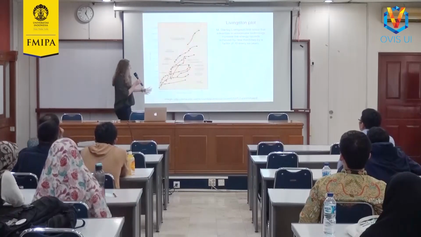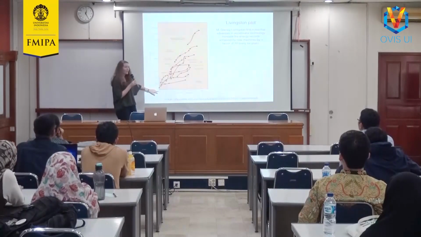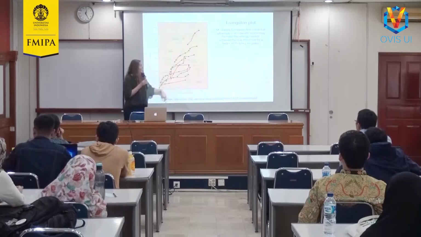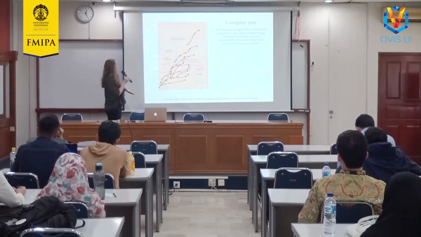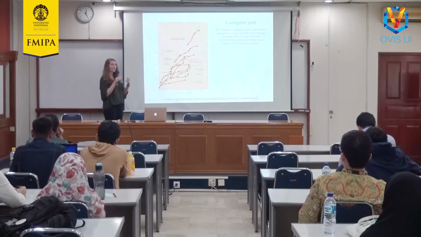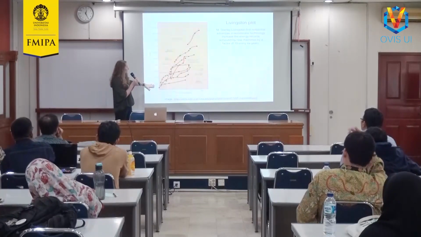So this plot shows you the year of commissioning, this is 1930 down here, up to sort of 1990 on the right. It shows you technically the center of mass energy of the machine, but it's sort of a measure of machine energy.